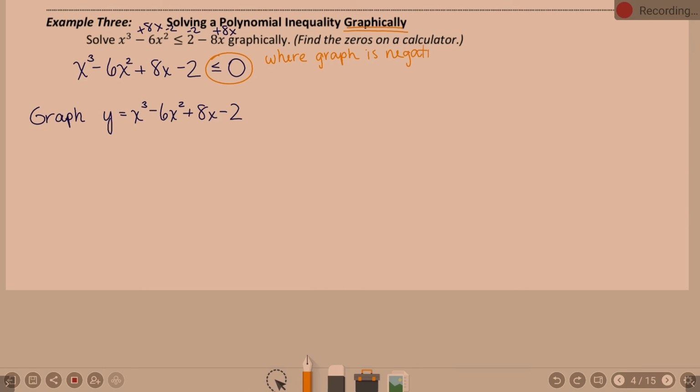Now, what's that look like on the graph? We're looking for where the graph is below the x-axis. Do we care where it touches the x-axis? It does say equal to, so we're going to be looking for on or below the x-axis.